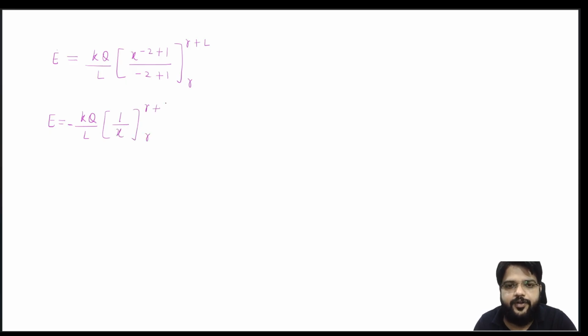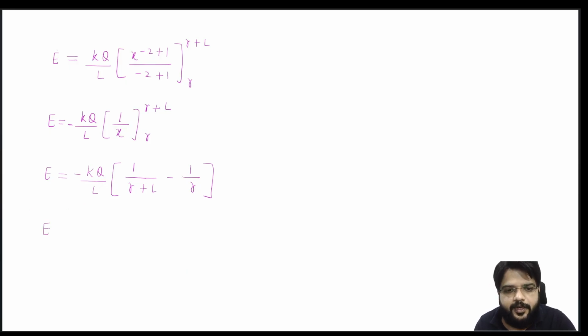And now put the limit of integration. So E equal to minus kq by L, the upper limit is r plus L. Correct. So 1 by r plus L minus 1 by r, this thing we will get.